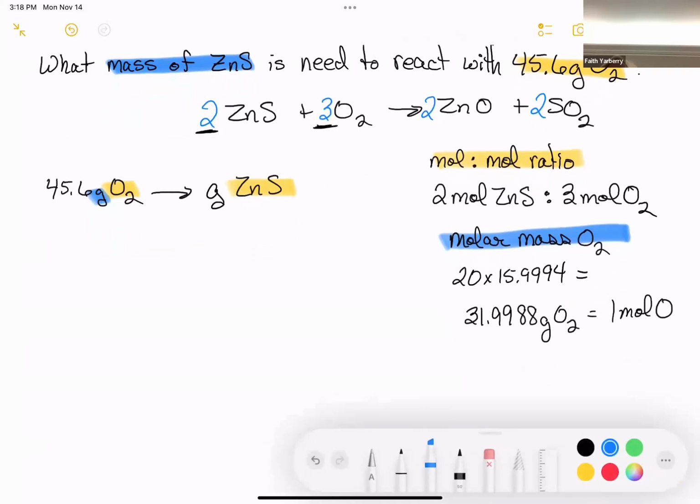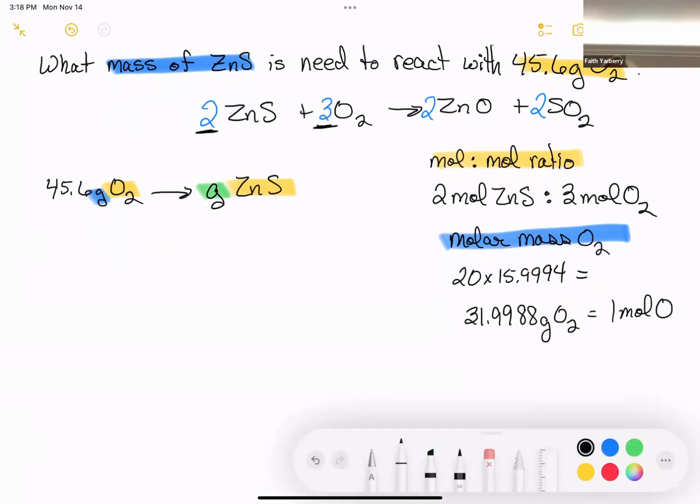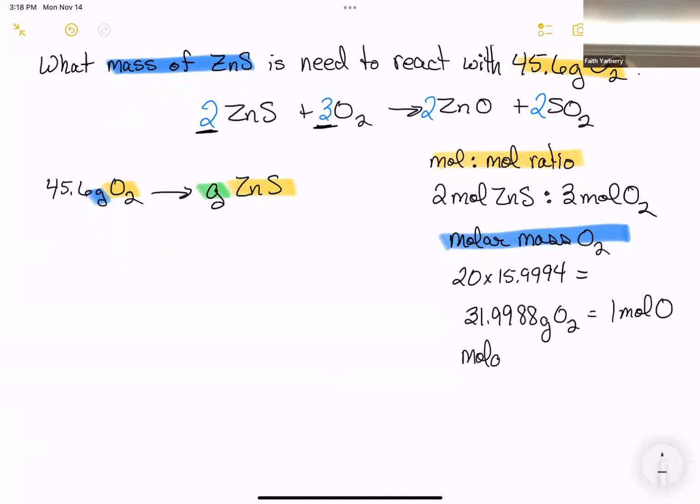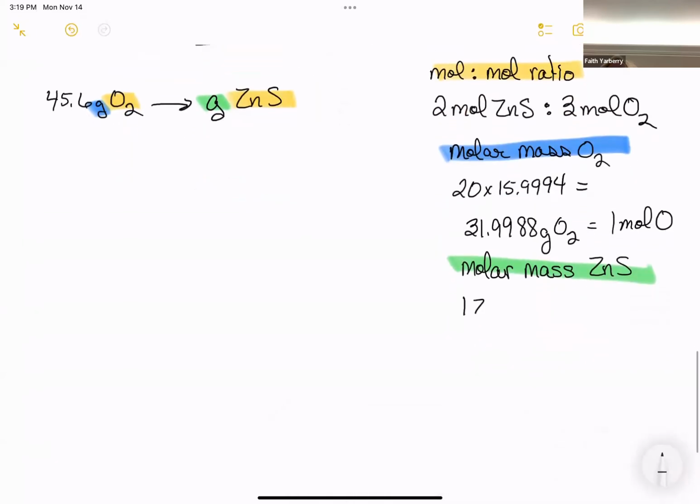The next thing I see is I have grams of zinc sulfide. Anytime I get grams, that's telling me I'm going to want the molar mass. I have 1 zinc. Zinc has a mass of 65.38.